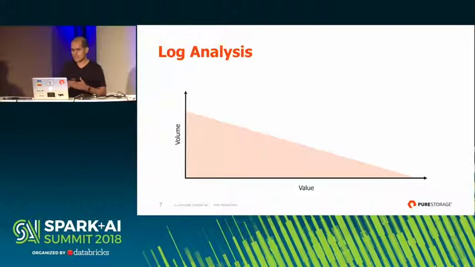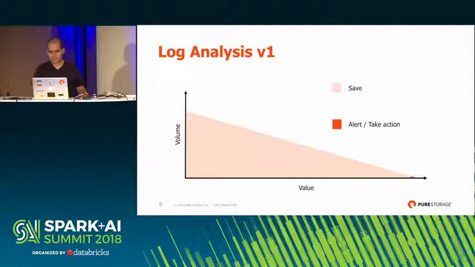So as you're building a system and your log analysis is evolving, you want to be able to extract the value out of the stuff on the right, the log data that has the most value. We talked about how we have to save everything. So the first step is you need to design for something where you can just take alerts and actions on really the few things that you know are important.